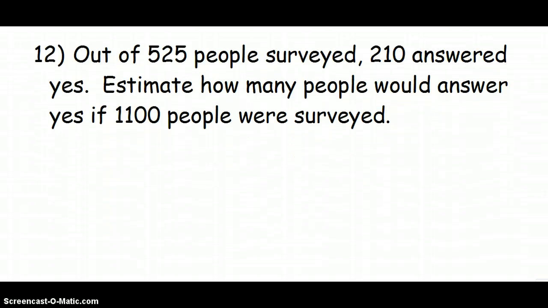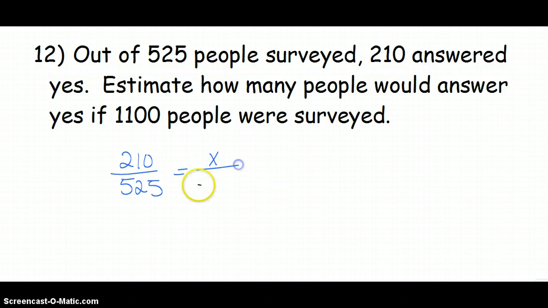Out of 525 people surveyed, 210 answered yes. So this one, you can set up a proportion. 210, the part of the sample, over the whole, is equal to, we were looking for how many people said yes, out of the whole, which is 1,100.